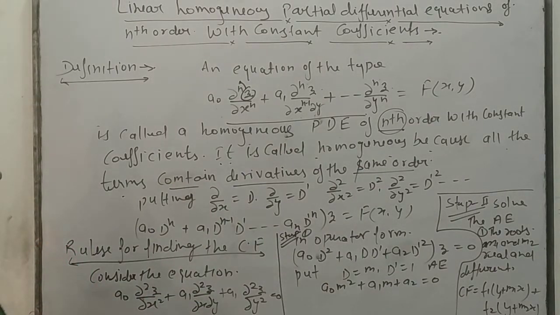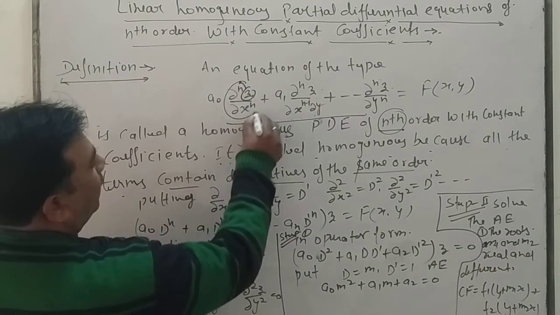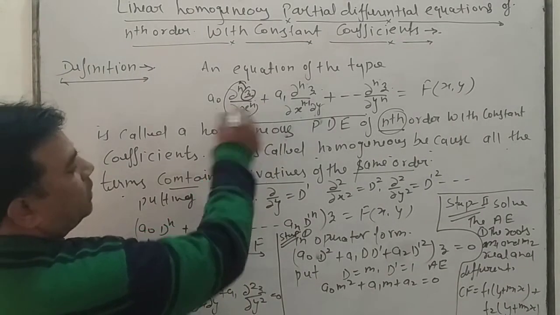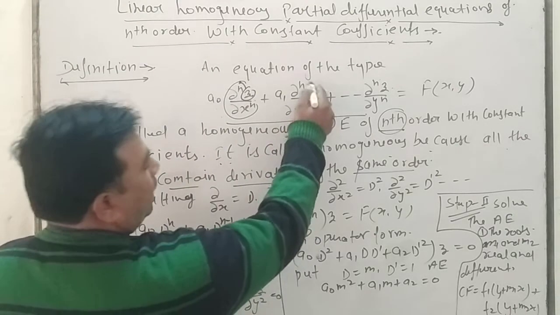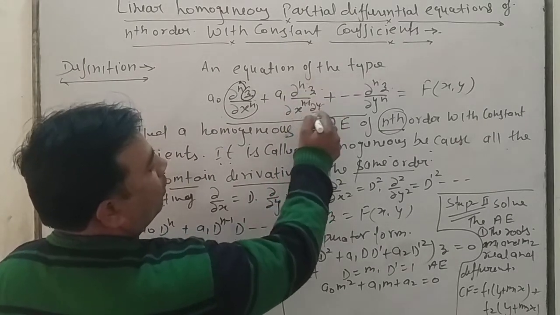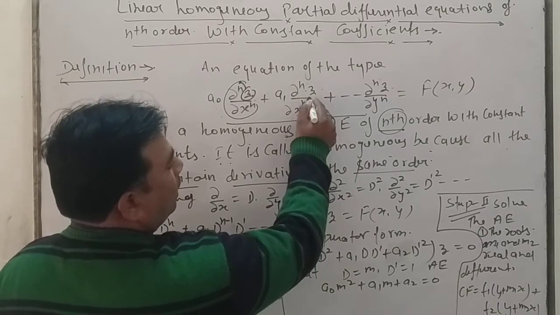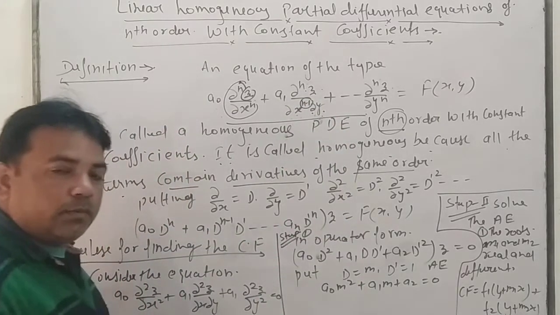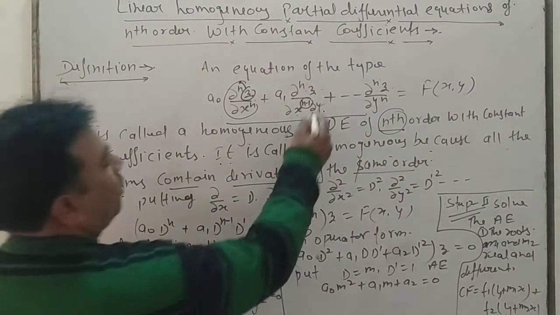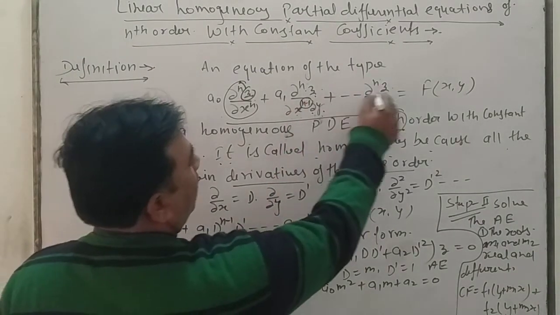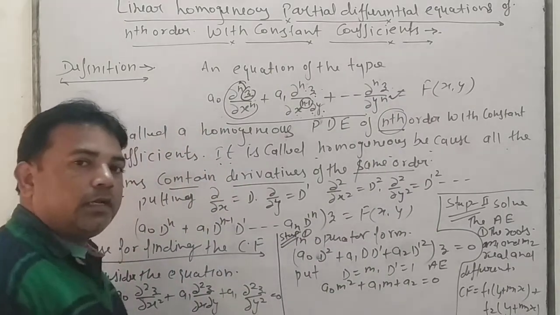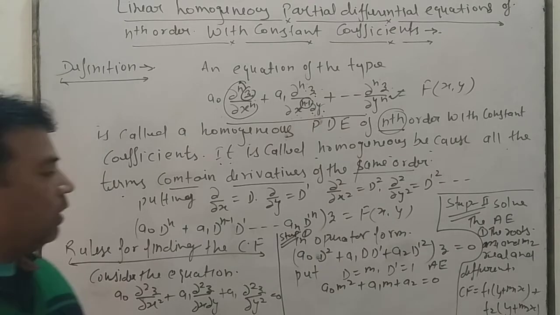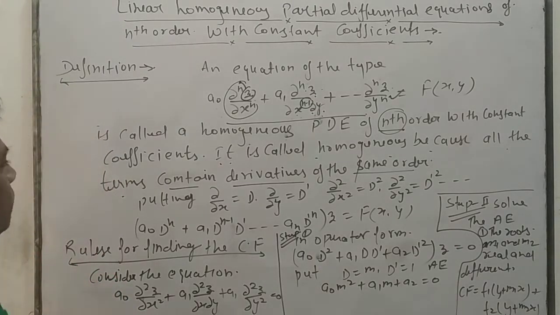This order is the nth derivative of z with respect to x. After that, the second term is an nth derivative in x and y, where x is n minus 1 times and y is the next term. So the complete order of the differential equation is n in every term, and we can say the given partial differential equation is a homogeneous partial differential equation.